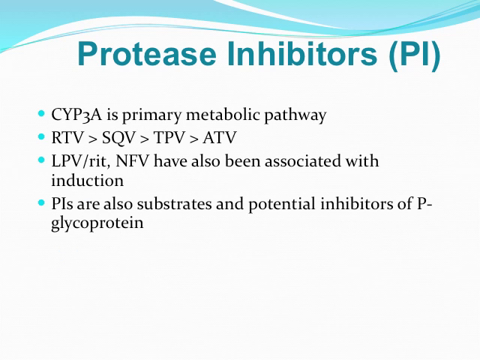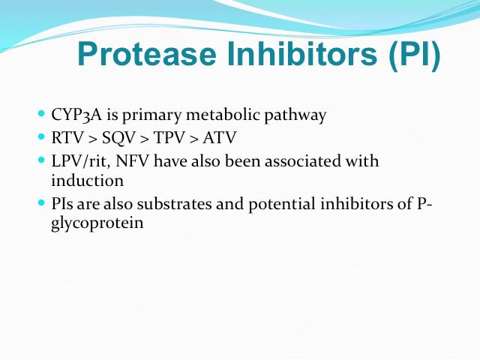So protease inhibitors, think 3A4 here. That's the primary metabolic pathway. Ritonavir is the most extensive 3A4 inhibitor, then Saquinavir, Tipranavir, and least is Atazanavir. Lopinavir, Ritonavir, and Nelfinavir have also been associated with induction, but probably less than any in the top row.